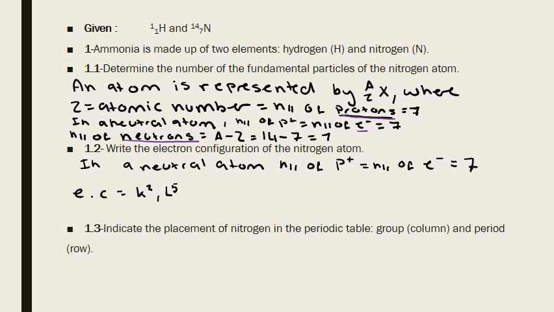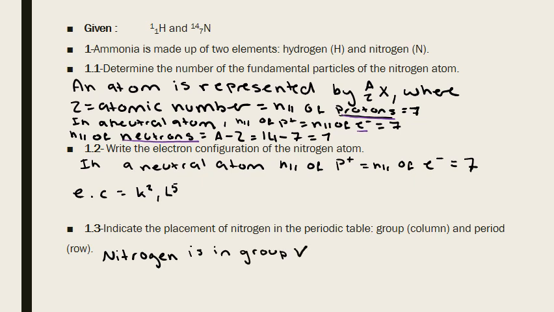Indicate the placement of the nitrogen in the periodic table, the group and period. It says indicate, so we don't have to justify. Nitrogen is in group 5.